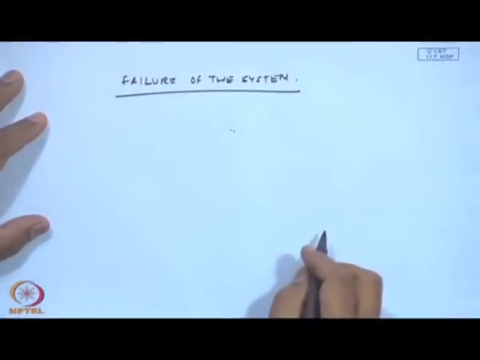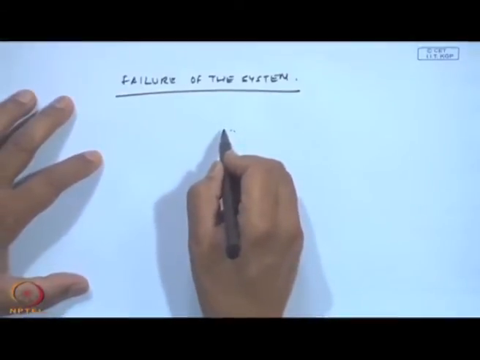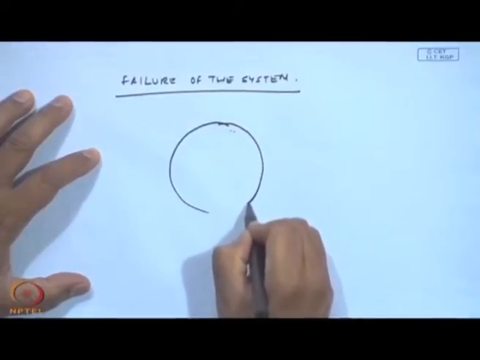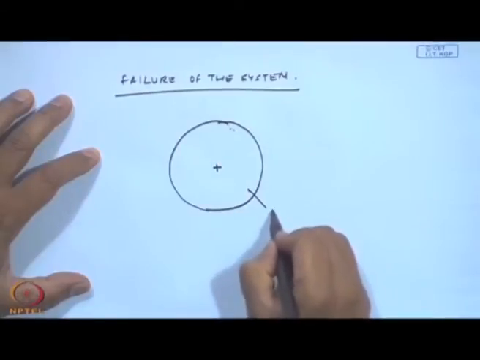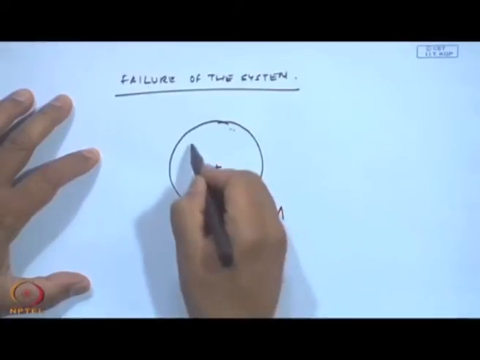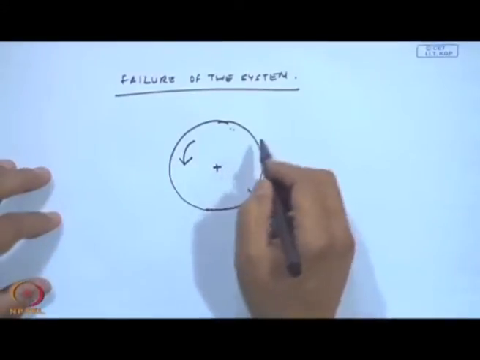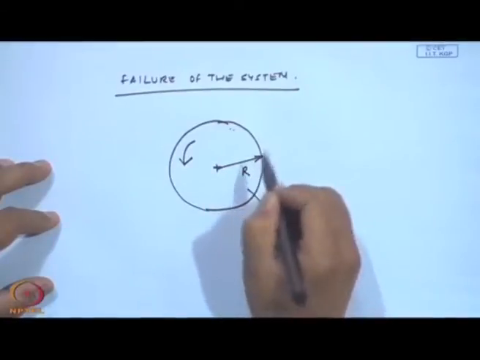Okay. So, now let us look at it from a different perspective. Let us look at a disk which is rotating. This has a mass m rotating, and it has a radius r.